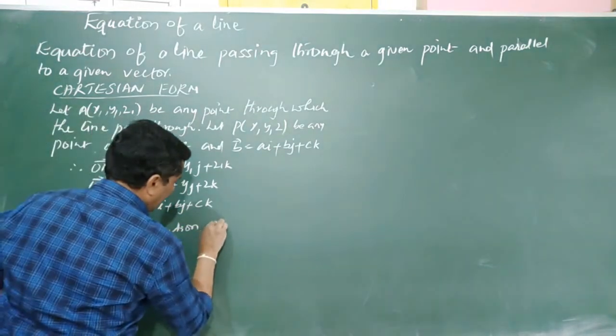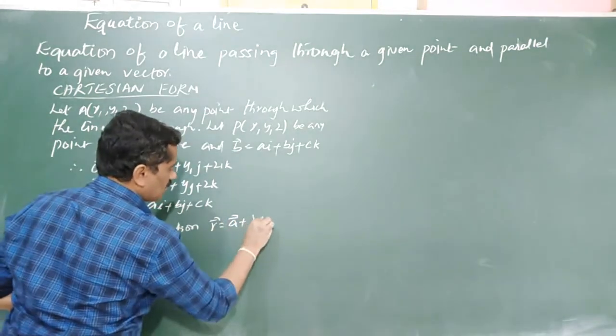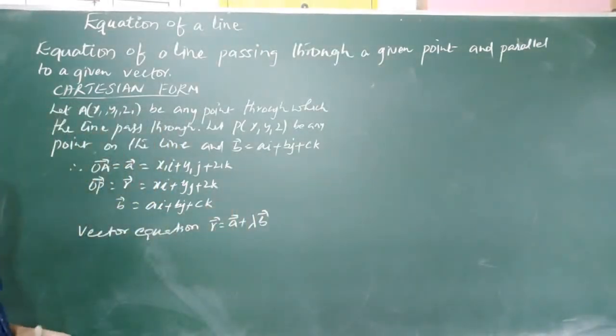So we have r bar is equal to a bar plus lambda into b bar. This is the vector equation.